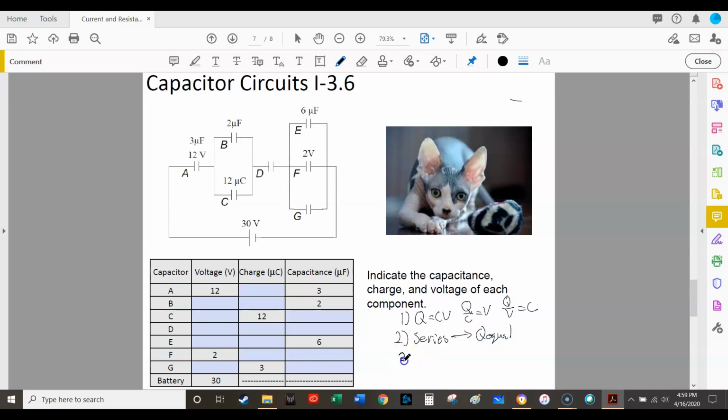And the loop rule hasn't changed. If you have two elements in parallel with each other, the voltage is equal.